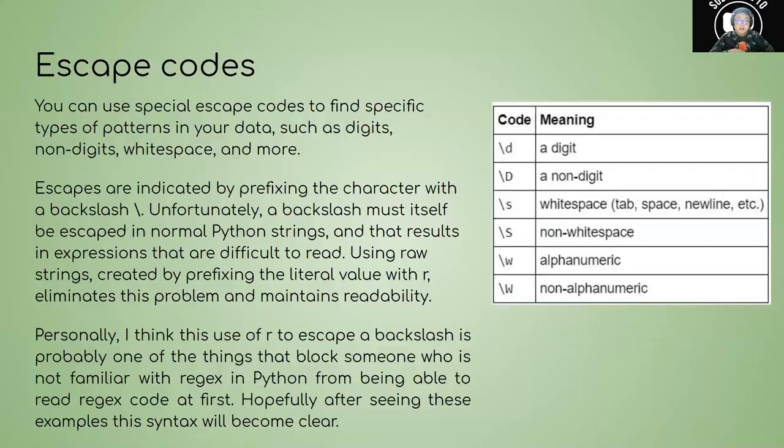Raw strings, created by prefixing the literal value with R, eliminate the problem and maintain readability. Personally, I think this use of R to escape a backslash is probably one of the things that blocks someone who is not familiar with regex in Python from being able to read regex. Yeah. So I don't like regex.